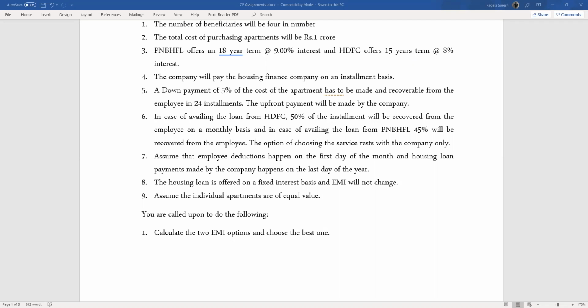HDFC loan tenure, how many years? 15 years. And PNB, that is 9% interest. Tenure is 18 years, right? 18 years. Yes.